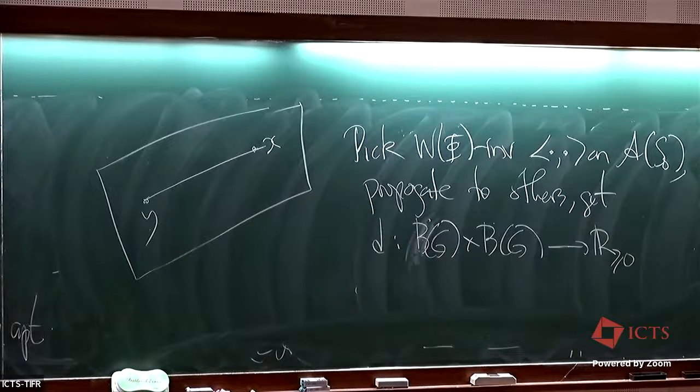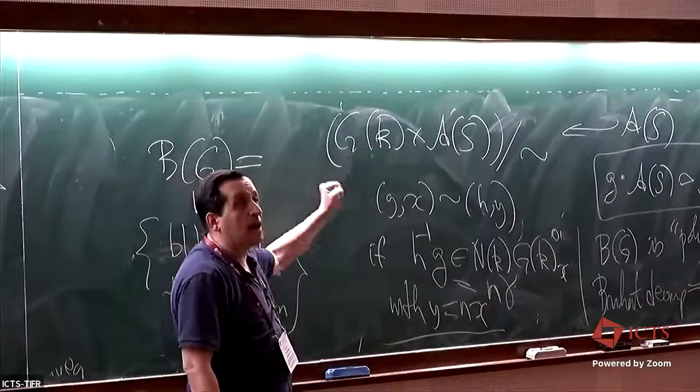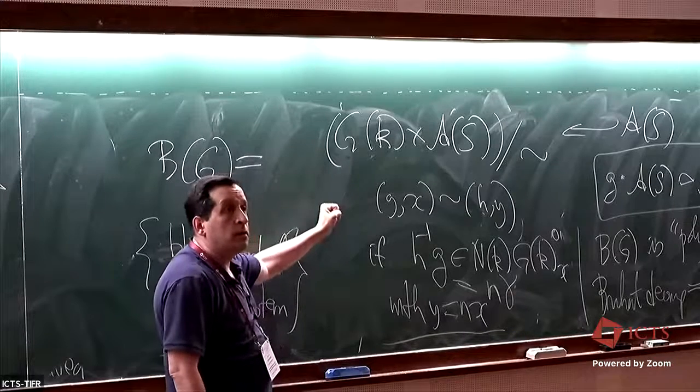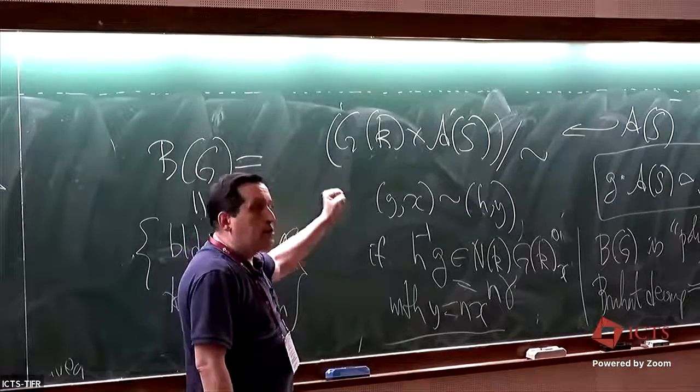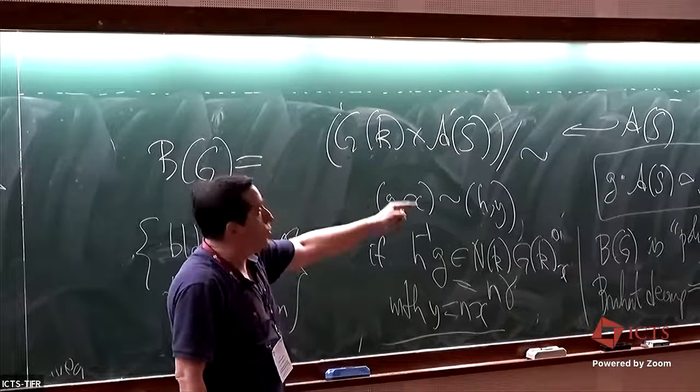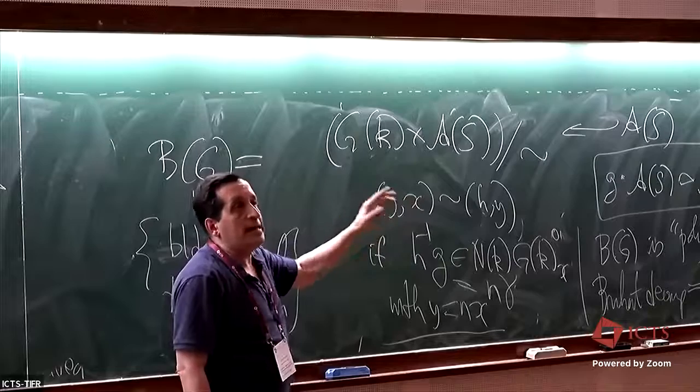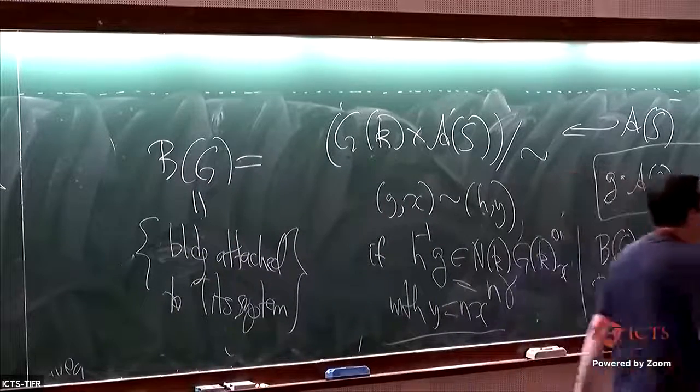Okay? Nonetheless, because this thing is a Tits system, one can show that this gadget actually satisfies a collection of highly non-trivial properties called the axioms for an abstract building. And by using the abstract theory of buildings, you can deduce the triangle inequality for this thing, even though any given triple may not lie in a single apartment.